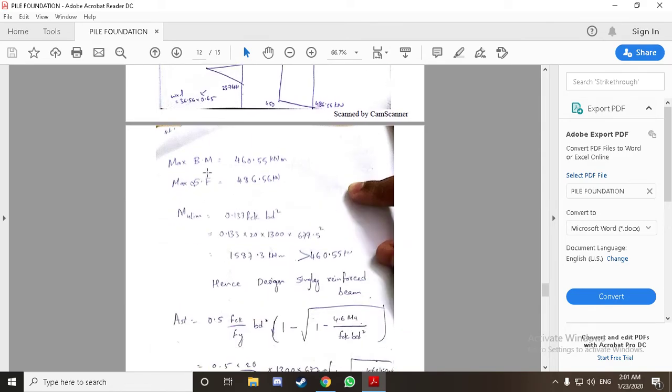So from these two diagrams we got the data that the maximum bending moment is 460.55, for which we have to design, and the maximum shear force is 486.66 kilonewton.